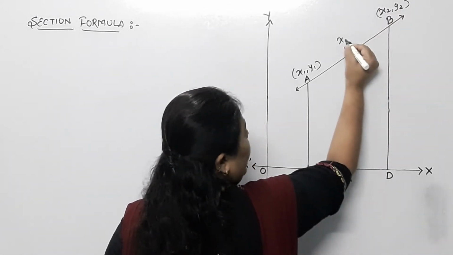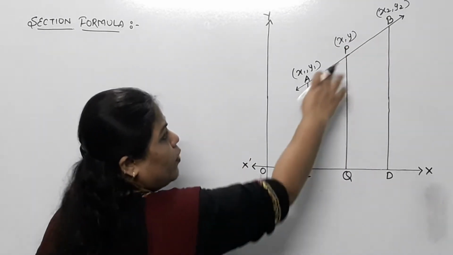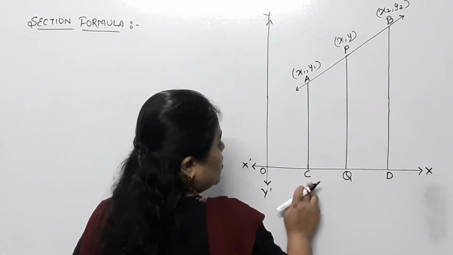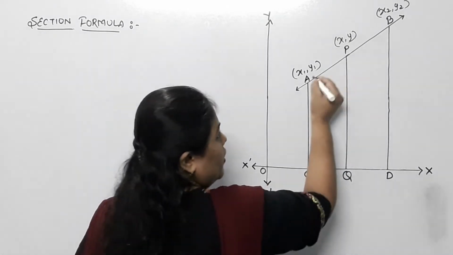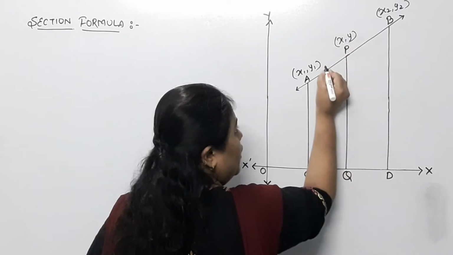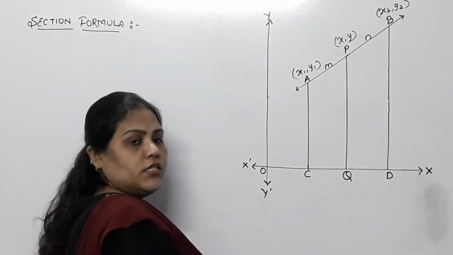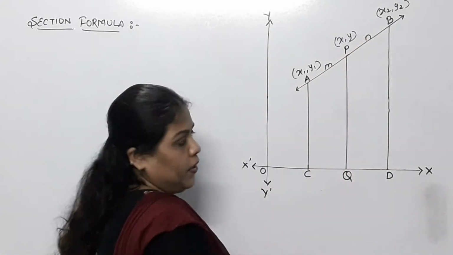So I'll take x, y for P. P is the point that divides AB in some ratio. In the same way I'll take for C and D also. So here AB is being divided by point P in the ratio m is to n.